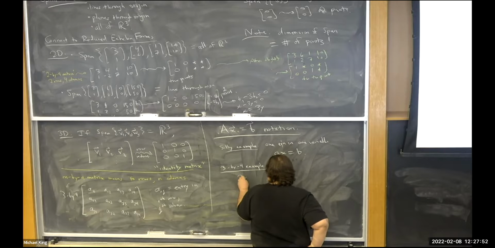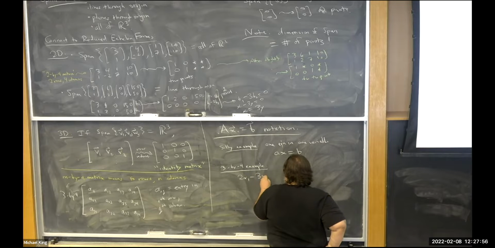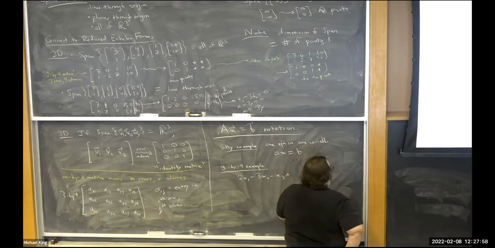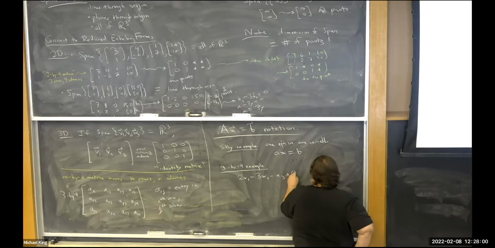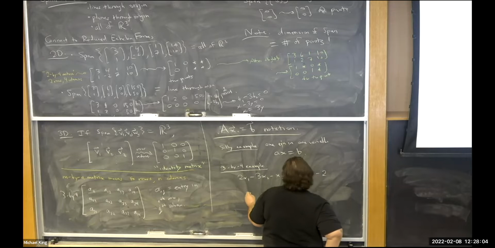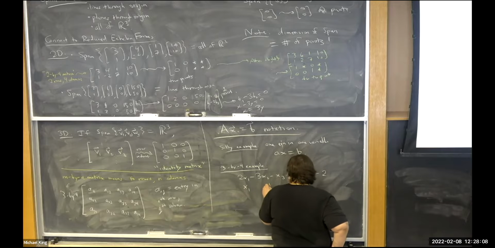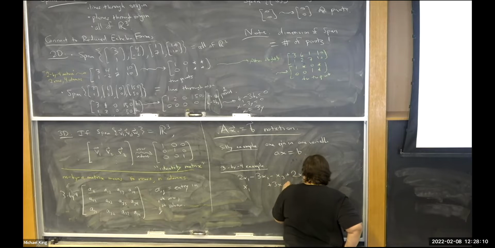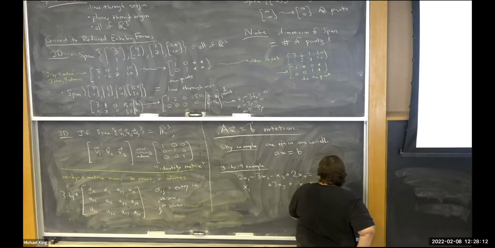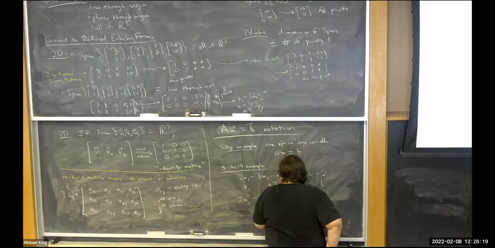So 2x1 minus... Someone read me the second line. x1 plus 3x3 plus x4 equals 6. And then the third line, 2x1 minus 3x2.